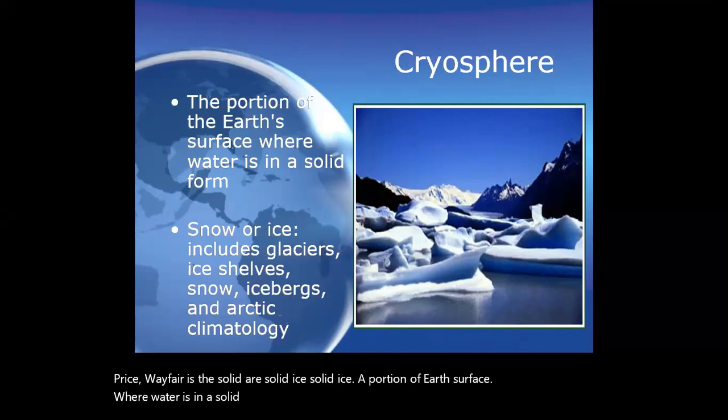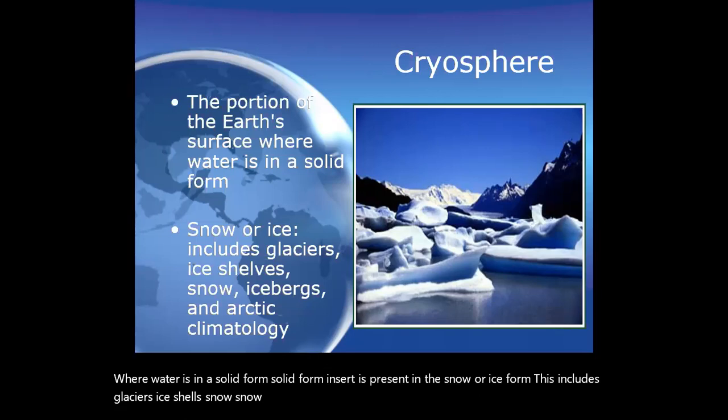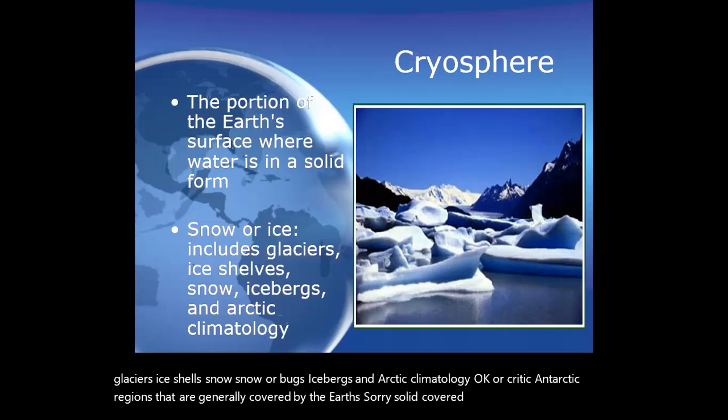Solid form means it is present in snow or ice form. This includes glaciers, ice shelves, icebergs, and Arctic climatology. Okay, Arctic, Antarctic regions that are generally covered by solid ice.